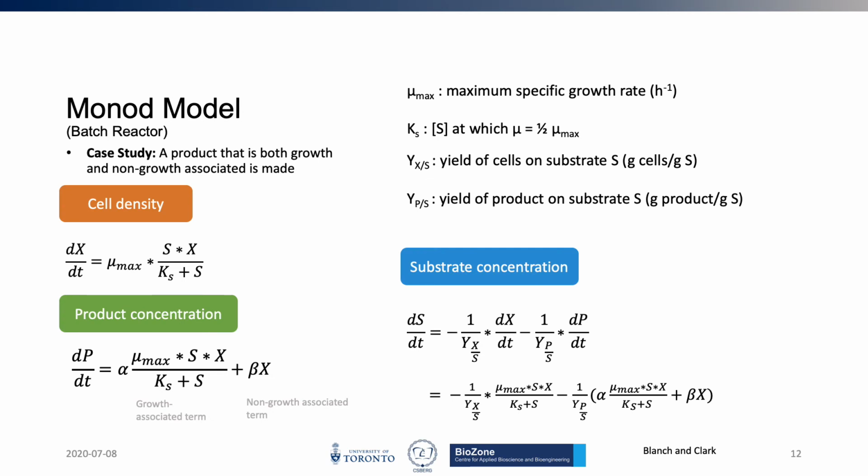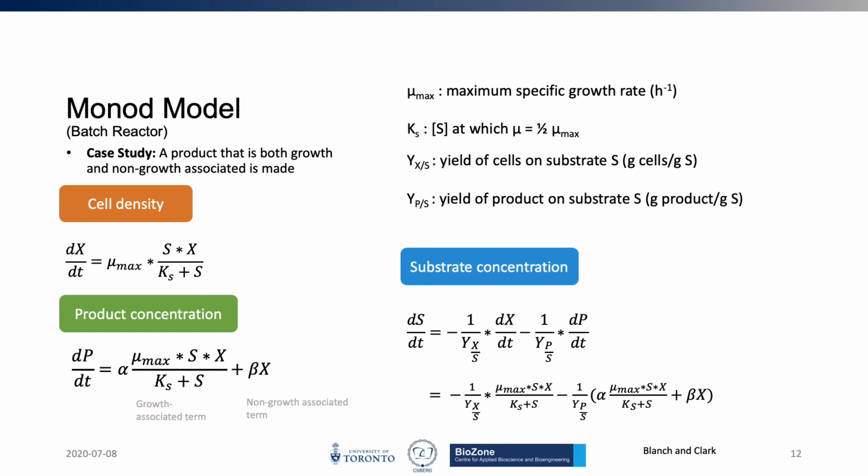Defining a product equation under the Monod model is tricky because it really depends on how the product is made. So let's consider a case study where the product is made in a way that is both growth associated and non-growth associated. The cell density equation in this case is the same as what we saw before.